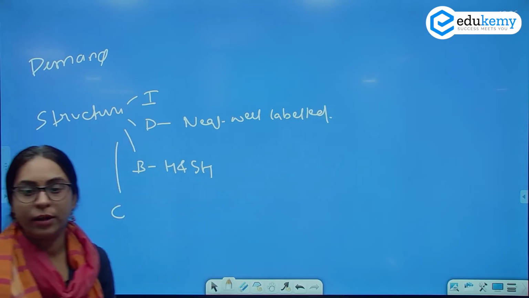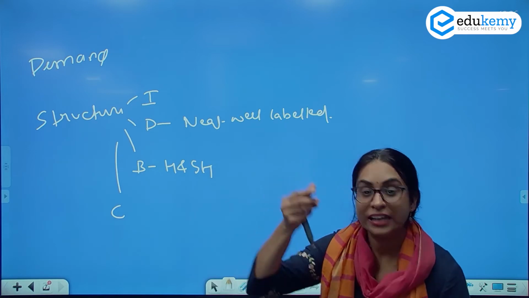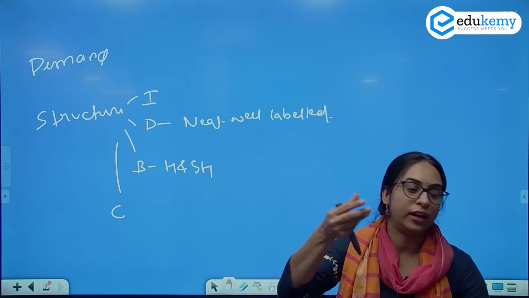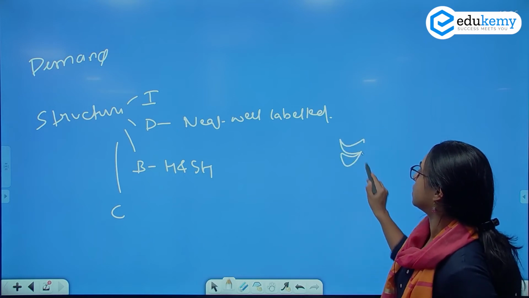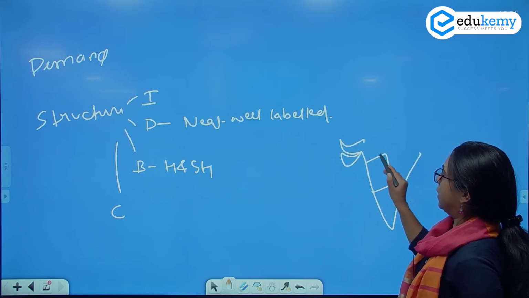When I say neat and well labeled, you should have the names of the places. For example, if you're writing about black cotton soil, don't simply draw this and say the black cotton soil is here.